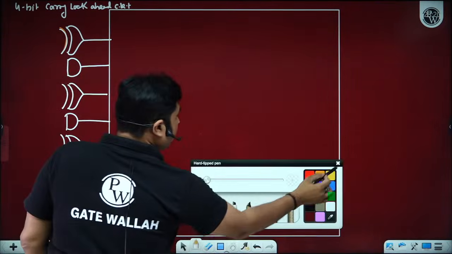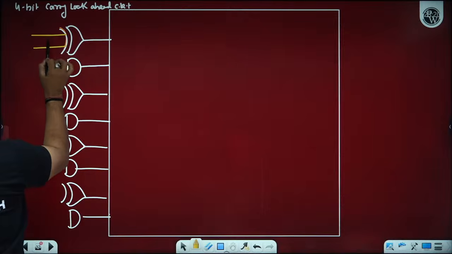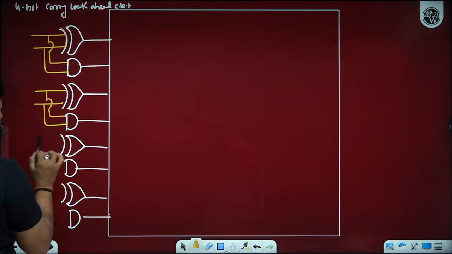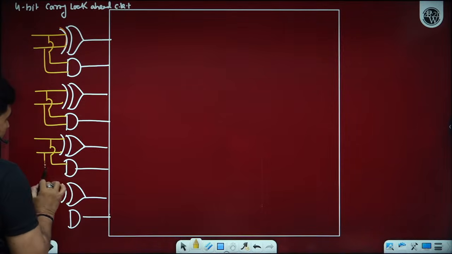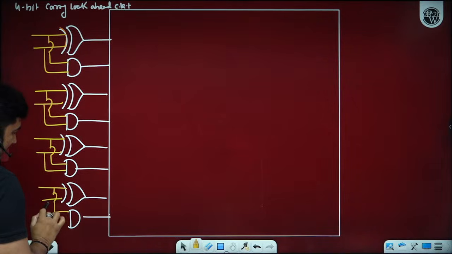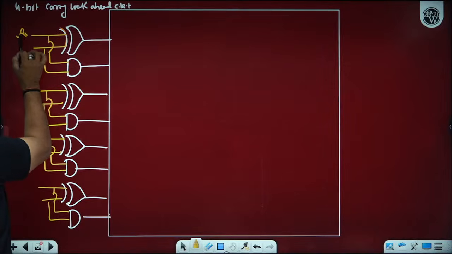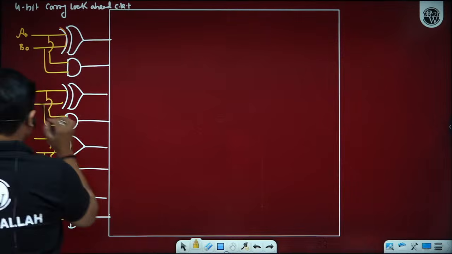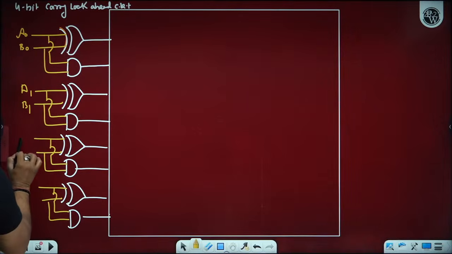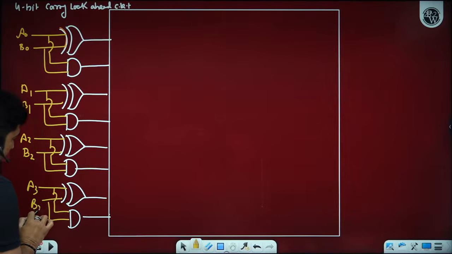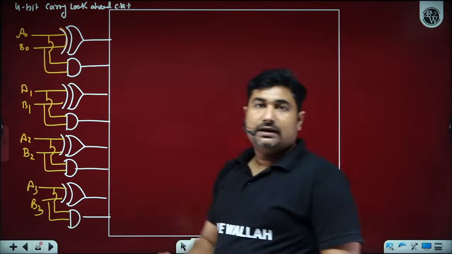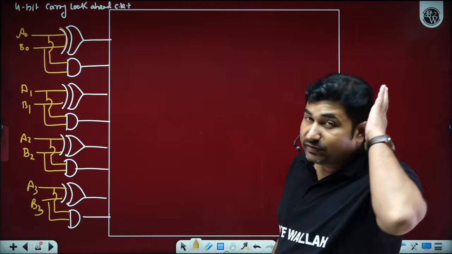Is it okay? Yes, sir. We have A0 B0, A1 B1, A2 B2, A3 B3. This is the data we have available on which we want to perform the addition.